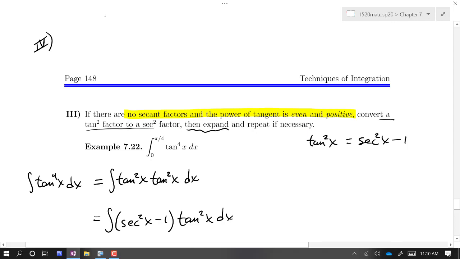If you're working with secants and tans, and these cases don't seem to work, if depending on what the powers are on secants and tans, nothing seems to work, if it seems like you've got no options, you can always try converting to sines and cosines, right? Because secant is 1 over cosine, tangent is sine over cosine. And then see if one of our strategies for sines and cosines will apply.